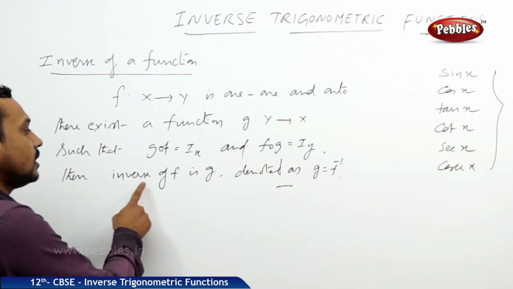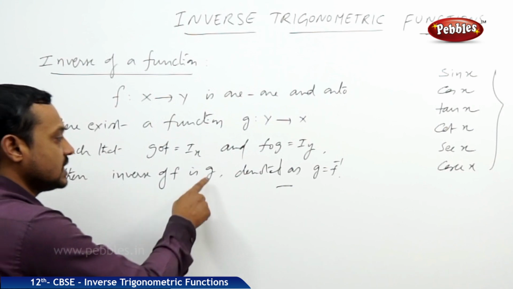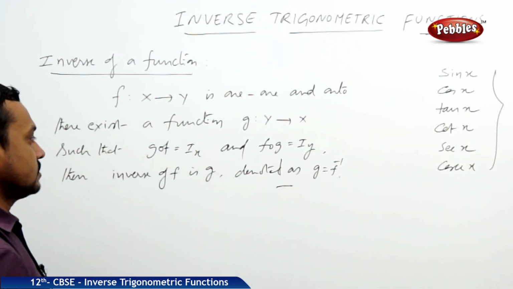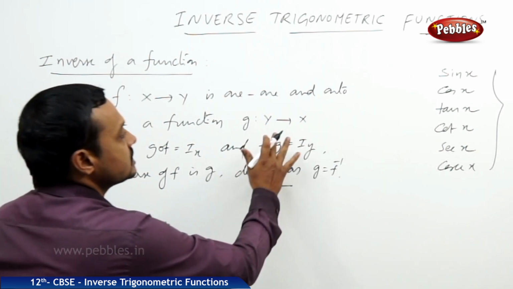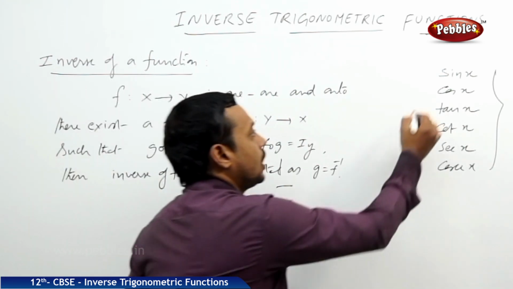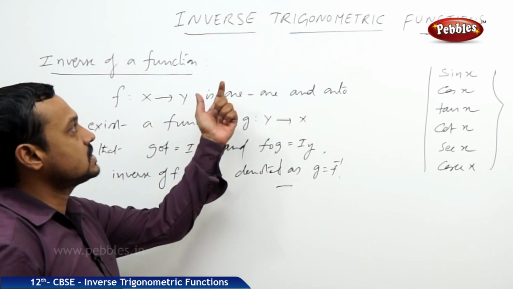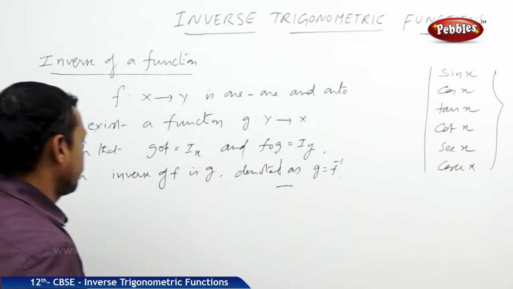Then the inverse of f is denoted by g is equal to f inverse. Okay. Now this is the basic definition of inverse of a function. Now let us see how the inverse functions are defined for trigonometric functions.